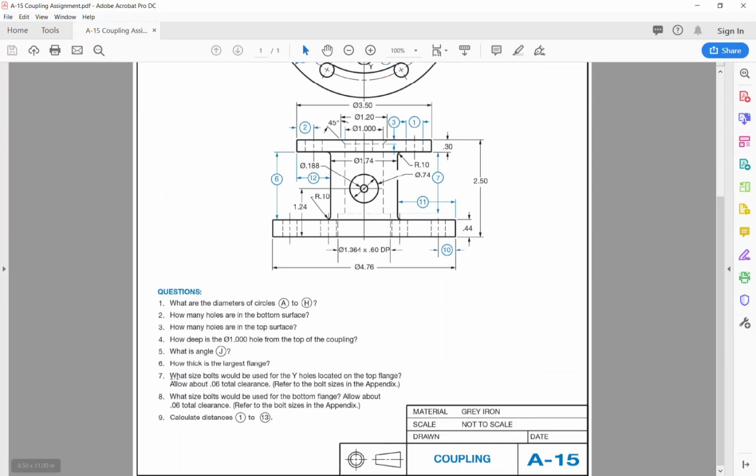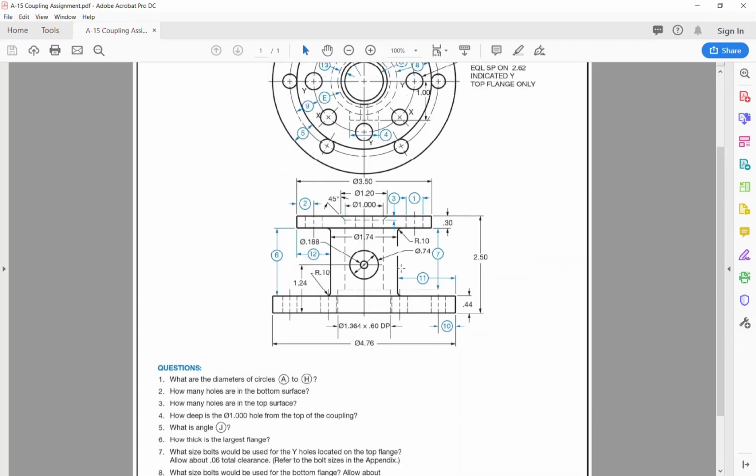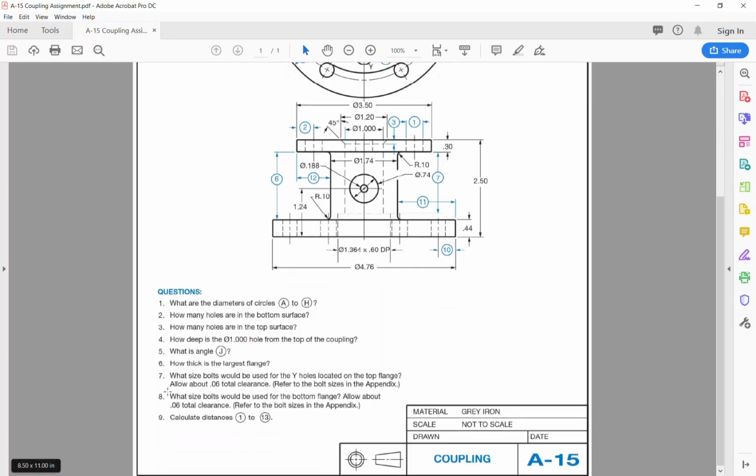So moving along, how thick is the largest flange? Which one is the largest flange? Remember, the size is the diameter. The largest flange is the bottom flange. How thick is it? 0.44. So right here, this equals 0.44. All right, question 7.